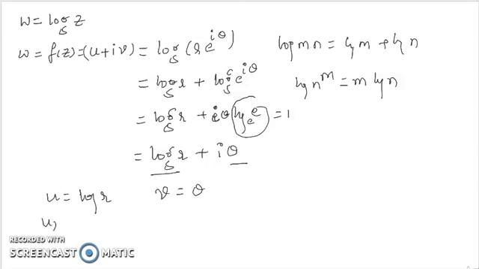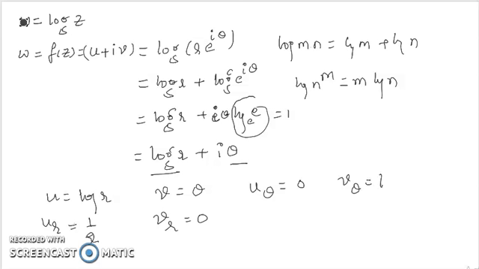With respect to r, if I differentiate u, I'll get 1 over r. With respect to r, if I differentiate v, I'll get 0. If I differentiate u with respect to theta, I'm going to get 0. If I differentiate v with respect to theta, I'm getting 1.